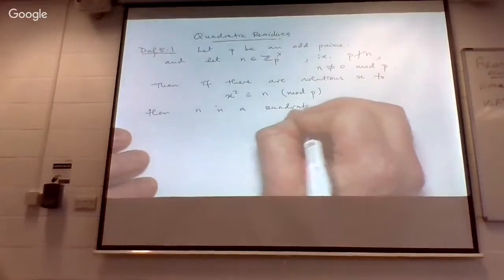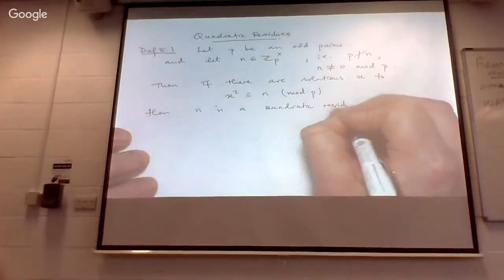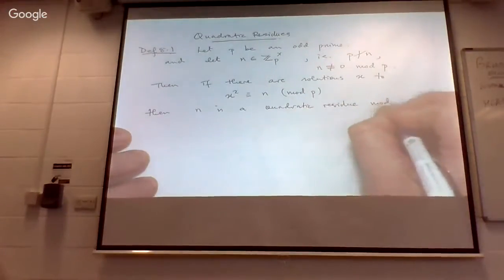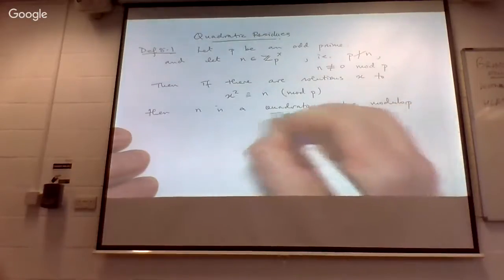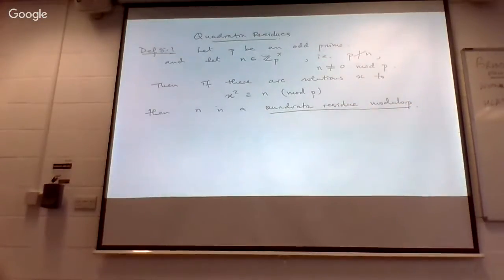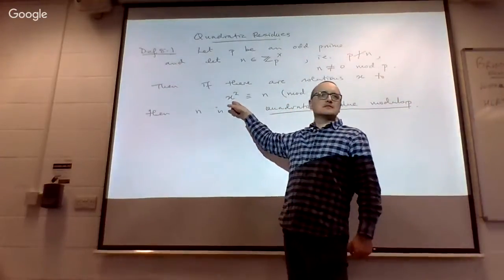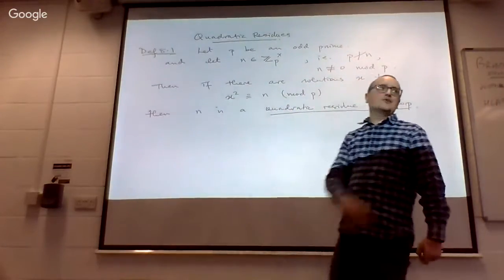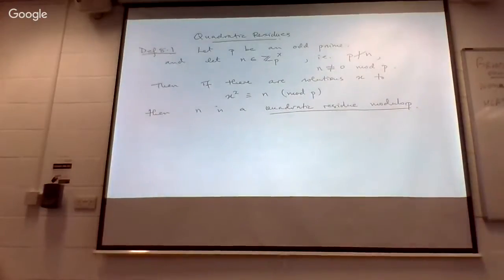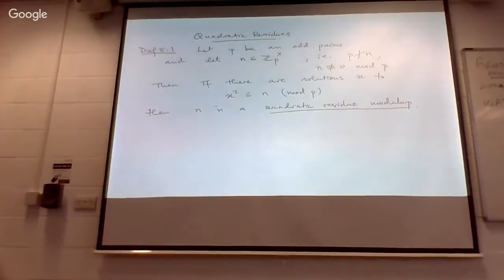The full phrase is n is a quadratic residue modulo p, because it's with reference to the modulus p. Being a quadratic residue is having a square root. Although in number theory, we tend not to use the phrase square root. We tend to talk about being a quadratic residue.